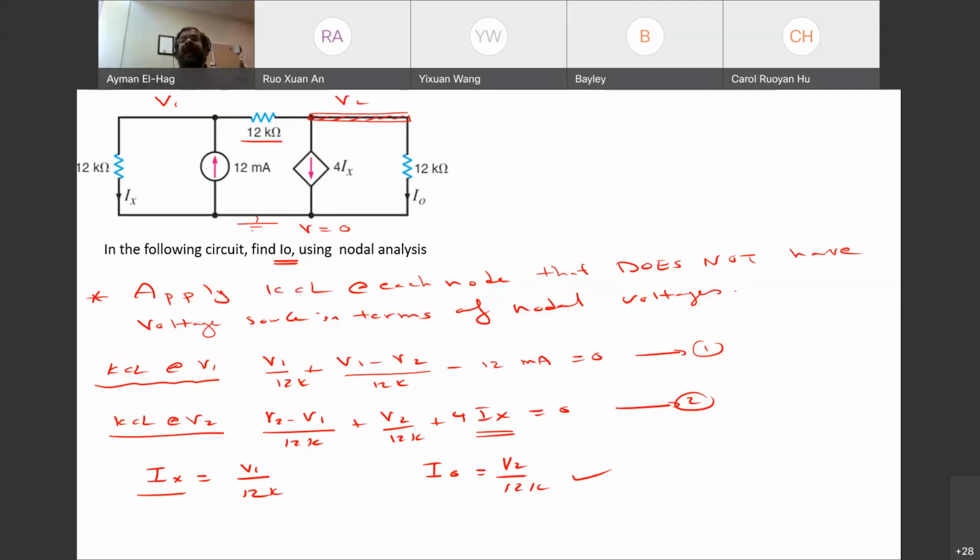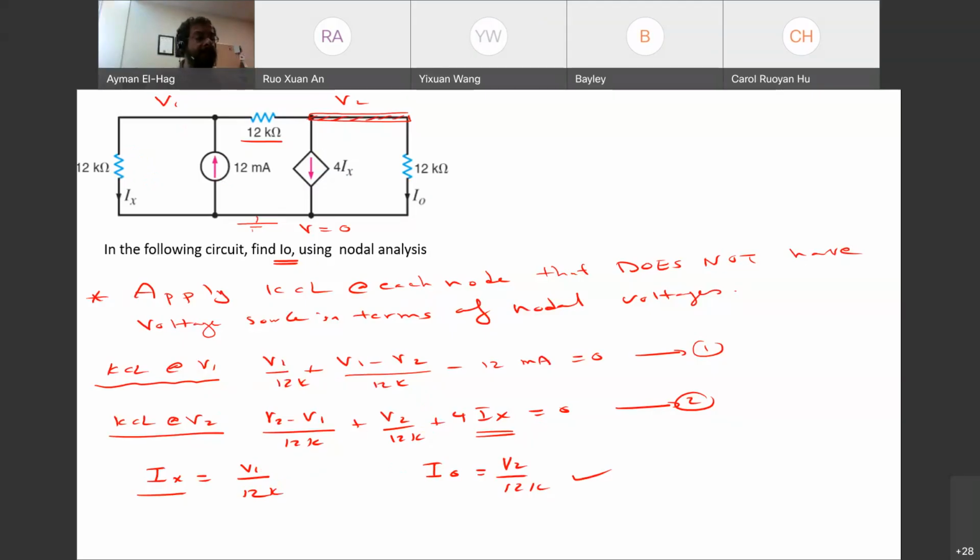So I need to find Ix in terms of the nodal voltages. My Ix is this current, which is V1 minus 0 over 12K. Then I can substitute Ix with V1. So now I will have two equations with two unknowns and I can solve them. This is why we need to do that.